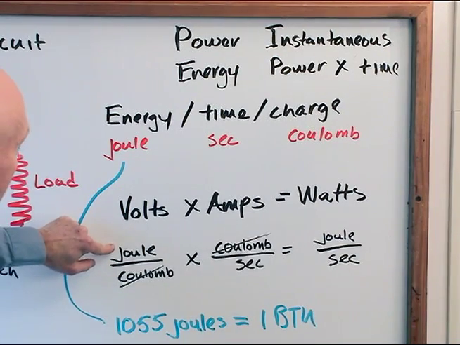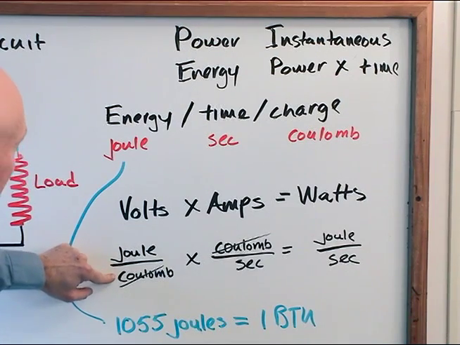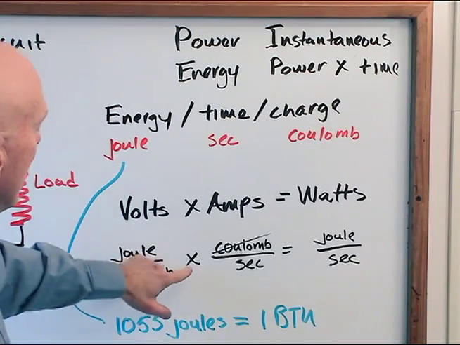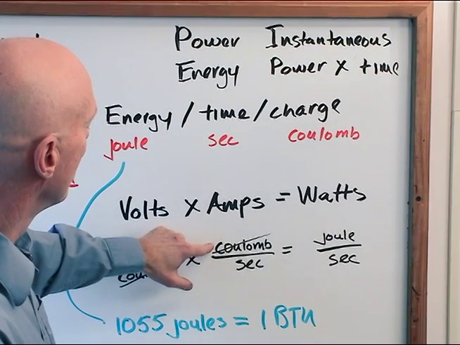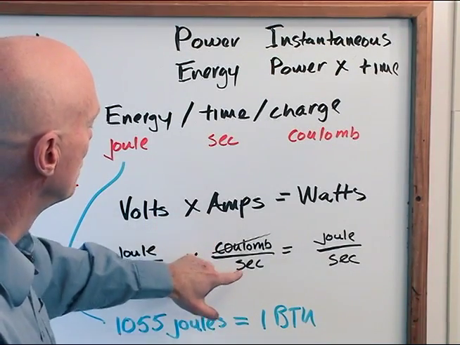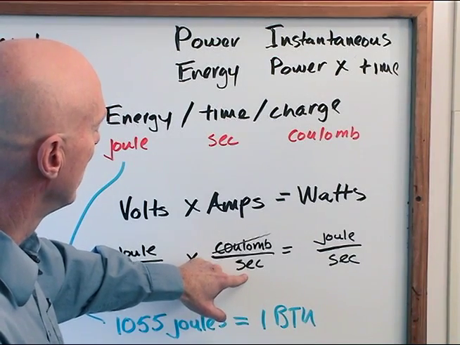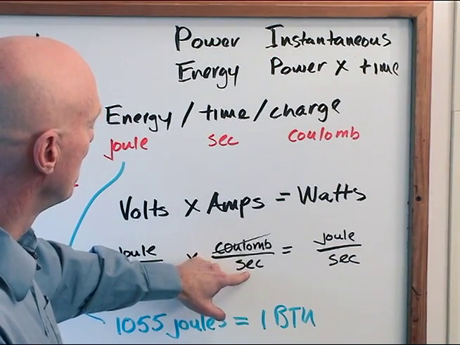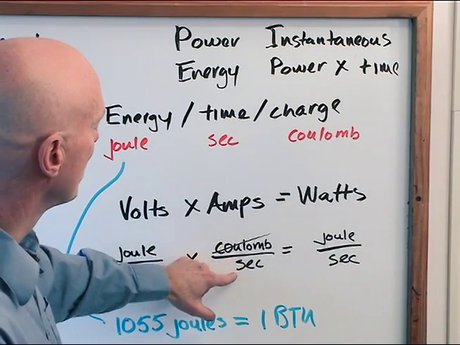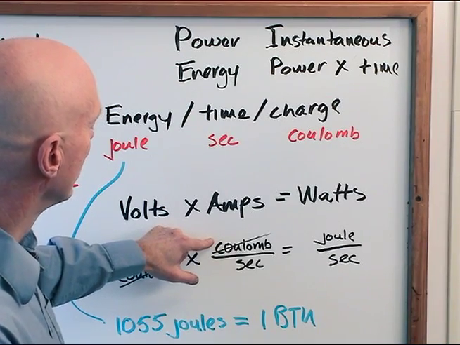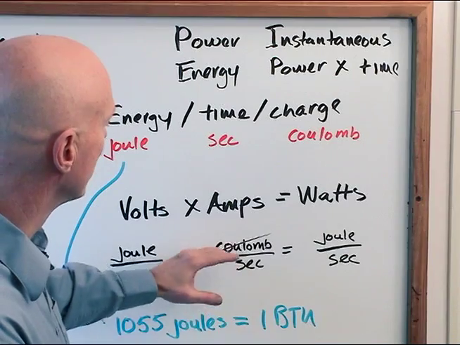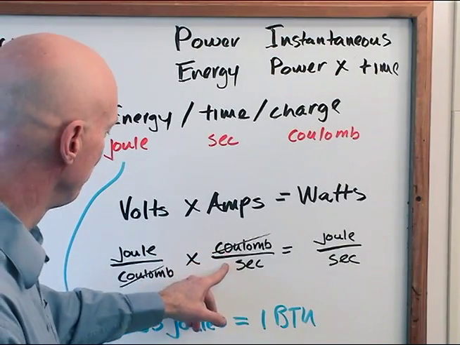It's like how much energy is in the little soldier's backpack, okay? And the amps, this is easier to understand because this is how many soldiers go by a certain checkpoint in a certain period of time, coulombs per second. How fast are the electrons passing us through the load?